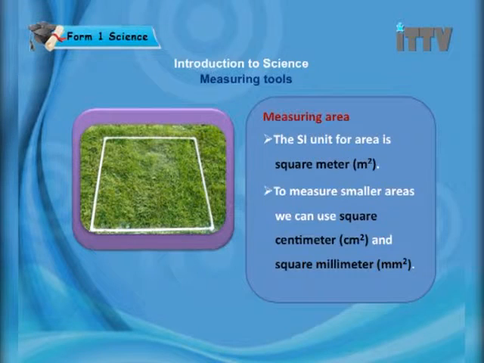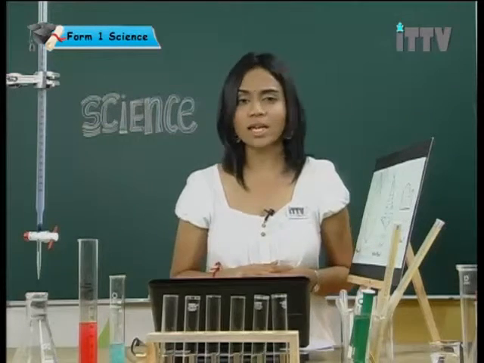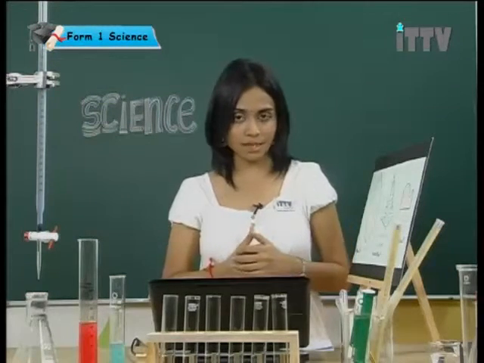Let's see further how we actually measure an area. Measuring area. The SI unit for area is square meter. So you can see the unit actually used is square meter. To measure smaller areas, we can use square centimeter and square millimeter. In the previous lesson, I told you that to measure the length of a short straight line, we can use centimeter and millimeter.